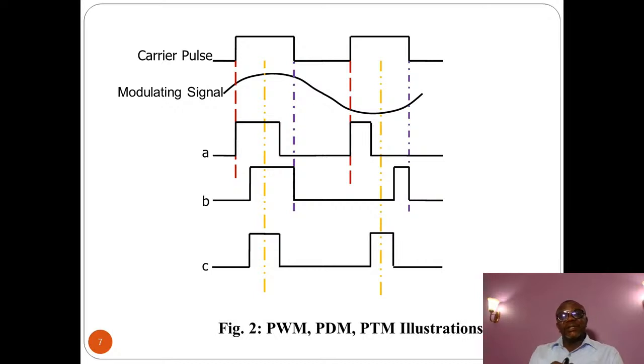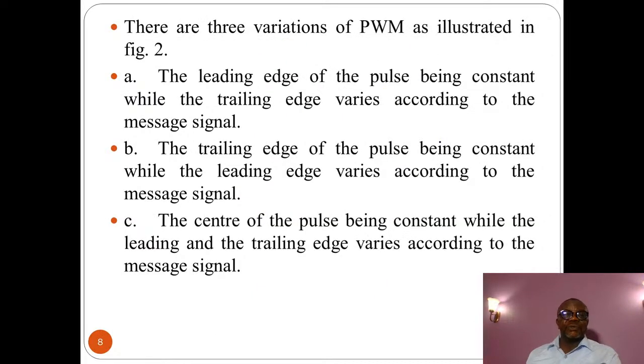You can see that the pulse is a bit wide following the amplitude of the pulse. So we note that the dotted line in brown shows the leading edge of the pulse, which we said is the starting point. Now, that's what we are putting here, that there are 3 variations of pulse width modulation as illustrated in that Fig 2.